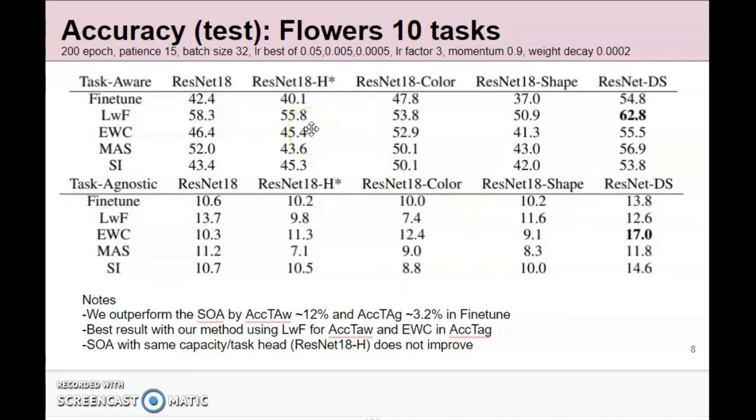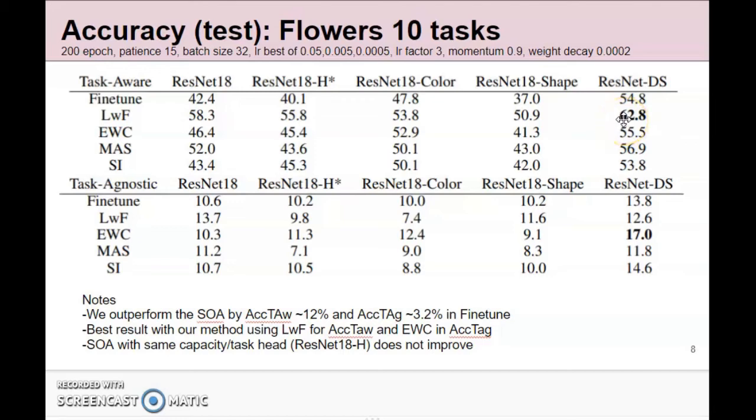What we can see for the task aware case is that we acquire much higher performance on the fine-tune, about a 12% increase in accuracy, and we get the highest using learning without forgetting. With other approaches such as elastic weight consolidation, memory-aware synapses, and synaptic intelligence, we still keep a higher performance with our disentangled measure.